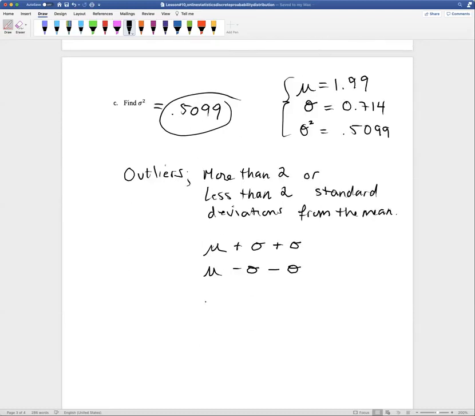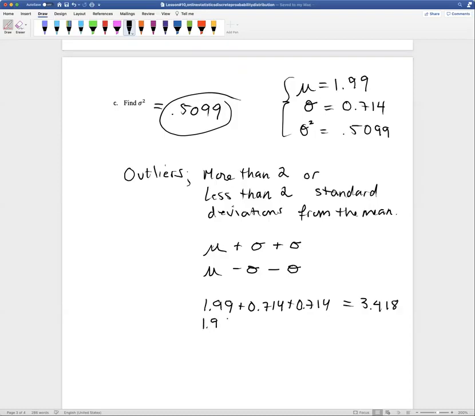Well, the mean is 1.99. So let's add the standard deviation to it 2 times. And this is true for any discrete probability distribution. The rule of thumb is within 2 standard deviations. So we get 3.418.